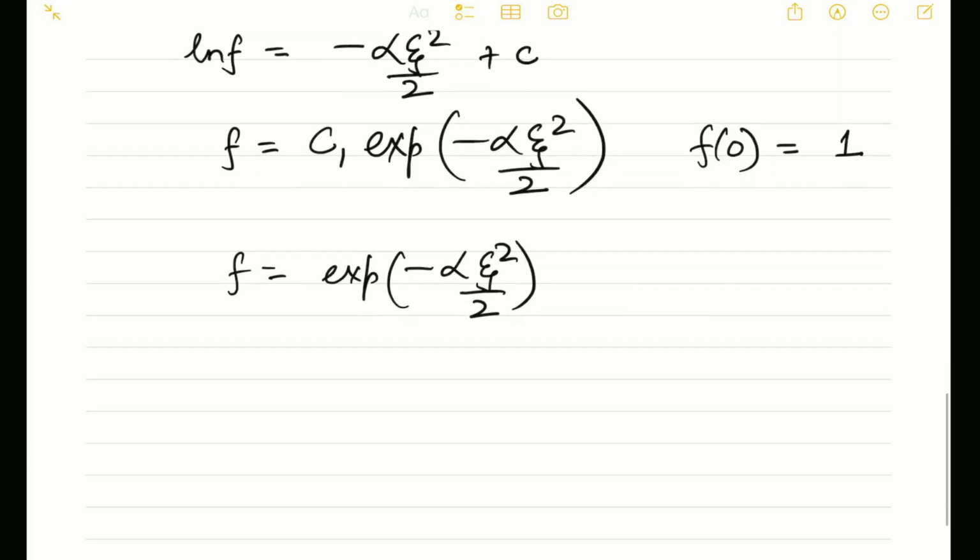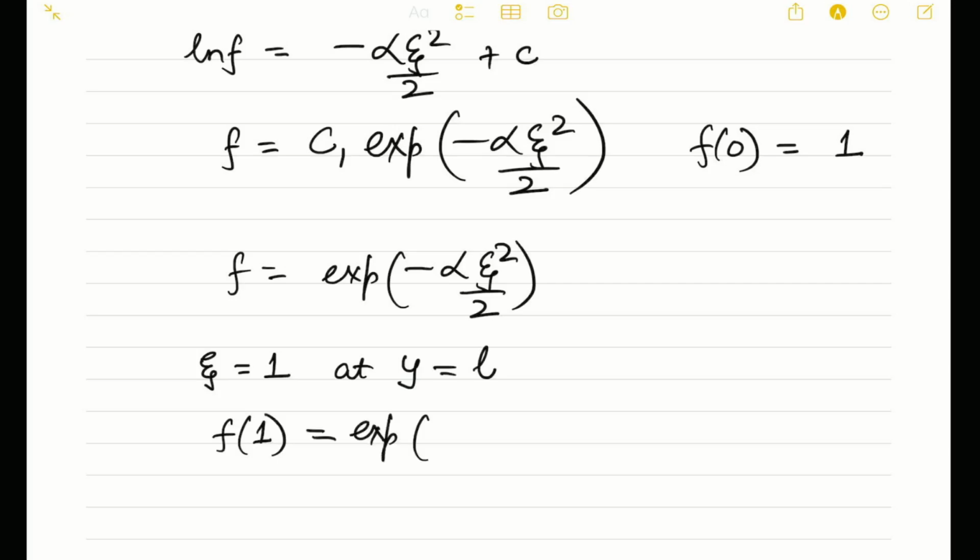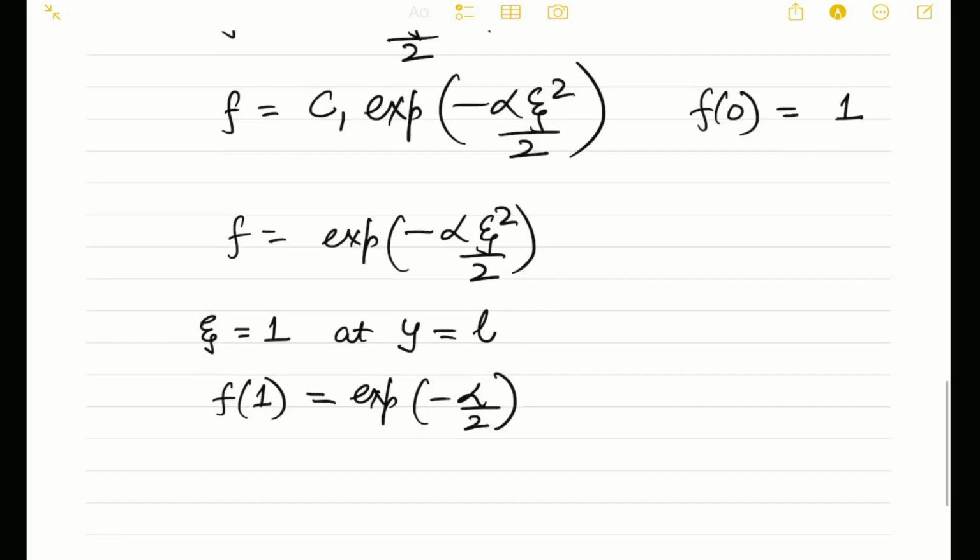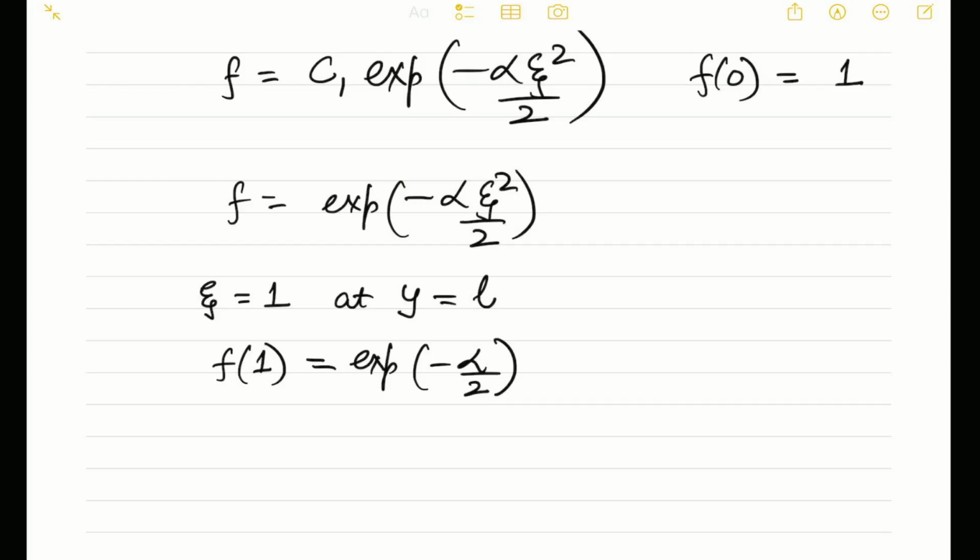Now, based on this, if we continue here, we choose L such that alpha is equal to 1.